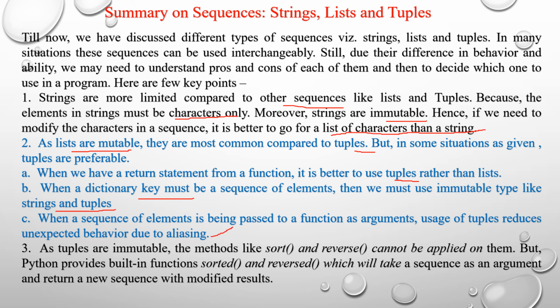The next point is, as tuples are immutable, methods like sort and reverse can't be applied on them, but Python provides built-in functions sorted and reversed, which take the sequence as an argument and return a new sequence with modified results.